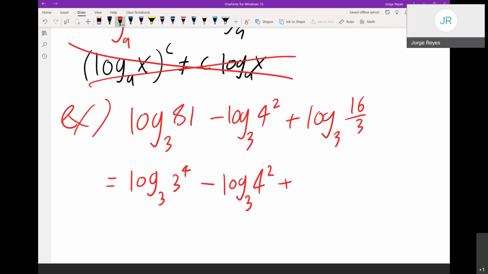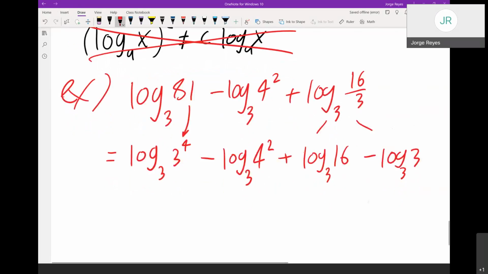So the first thing I'm going to do is write 81 like this. And then I'm going to use the quotient rule to split this log up into log 3 of 16 minus log 3 of 3. So now, here I can do the power rule and get log 3 of 3.